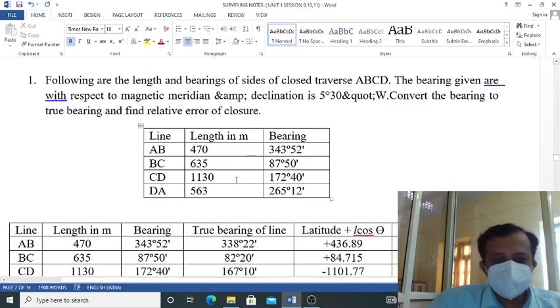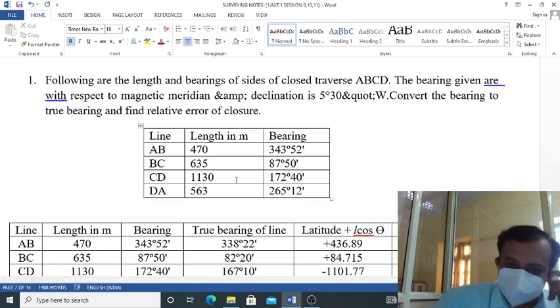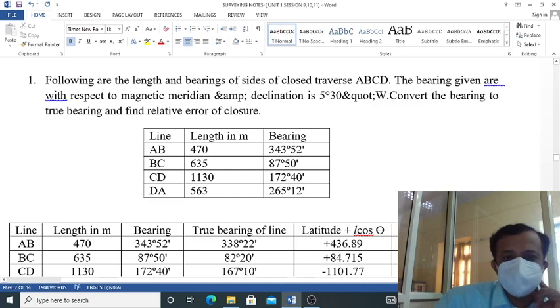CD is 1130 meter, 172 degrees 40 minutes, and DA is 563 meter, 265 degrees 12 minutes is the bearing. Now, convert to true bearings and find the relative closing error. Error of closure we have to find. How to find the closing error, we will discuss in this problem.